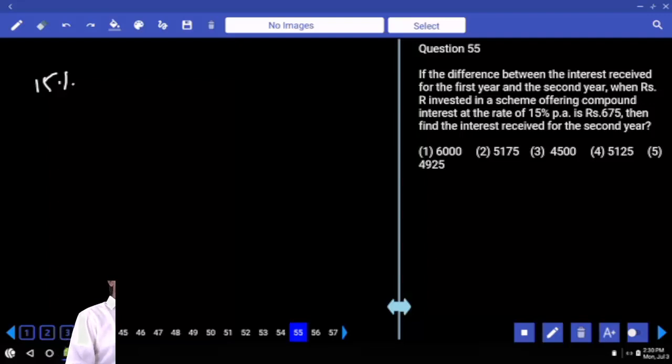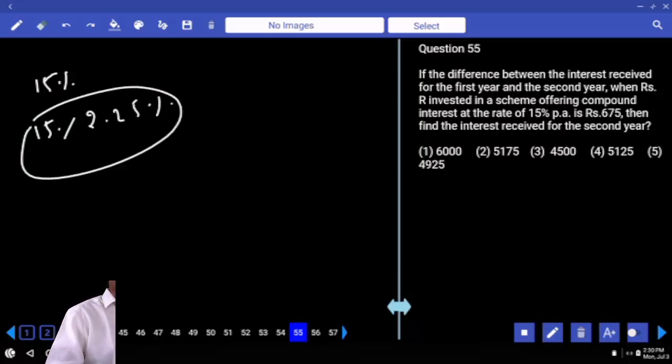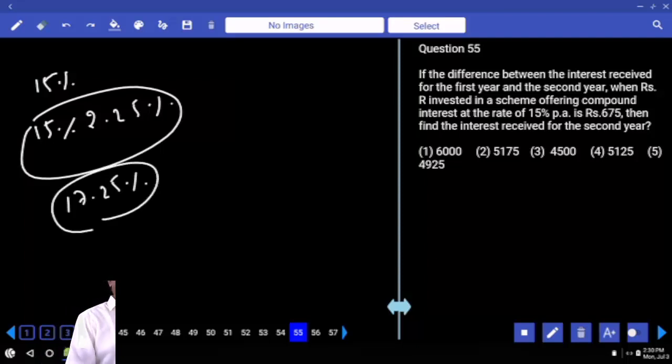Am I right? So for the first year, the rate of interest is 15 only. What about the rate of interest for the second year? 15. But we should get an additional 2.25%. Am I right? So in the second year, a total of 17.25% is got by that same person on the same investment.